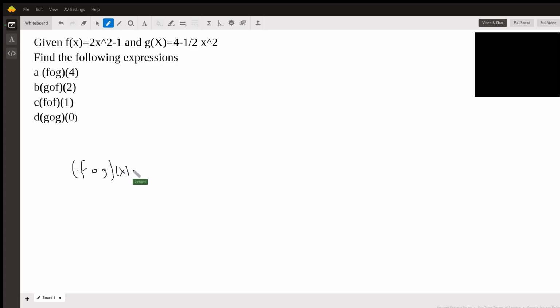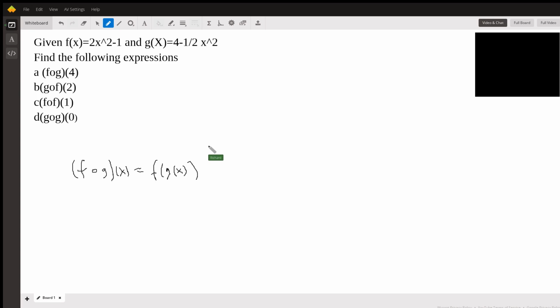What that really means is just f of g of x. This is just notation that you have to get used to. It's a slightly older notation. You don't see it as often anymore, but it still shows up in school and it can show up on a standardized test. When you see that little open o, it means do a composite.